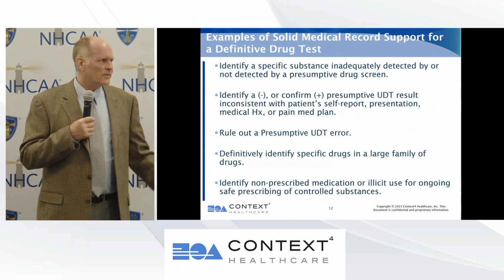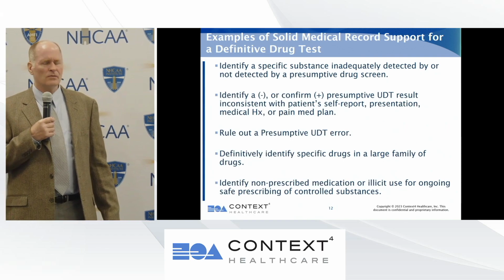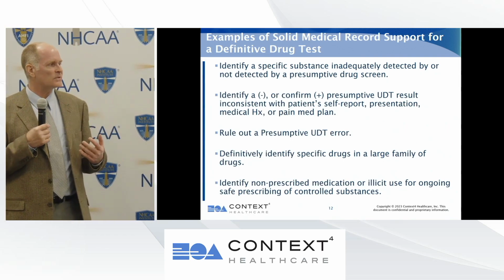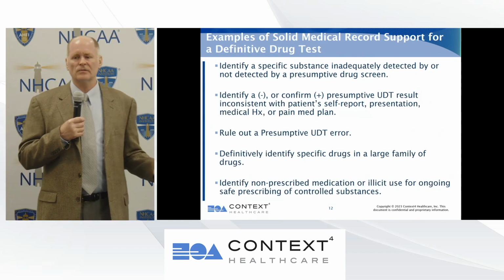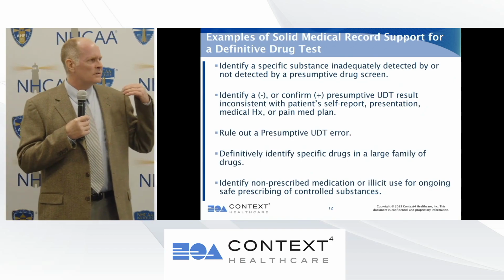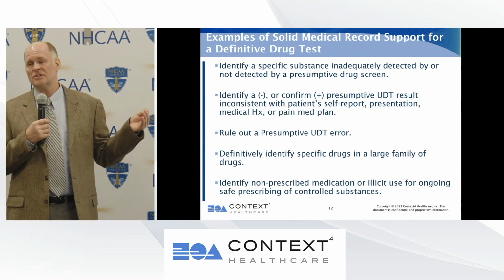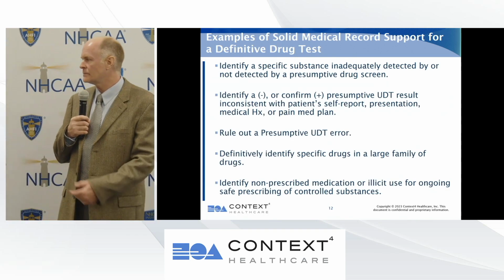And then, if the provider documents they need to rule out a presumptive urine drug test error, those are just 3 examples. Many ways to do this, but tailored results, not routine standing orders. Information in the medical record that explains why a definitive drug test needs to be done, followed by a focal definitive drug test.